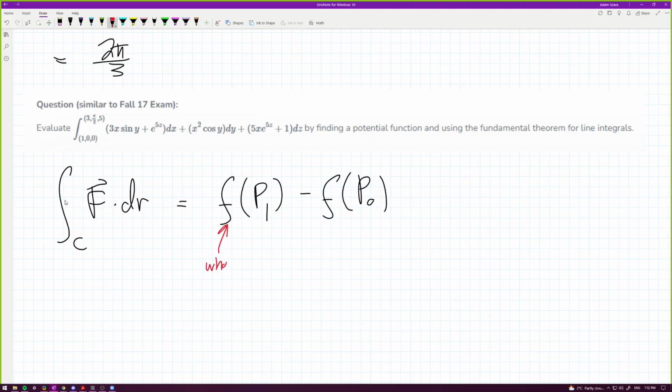What's this f? It's not equal to the vector field F. It's a scalar function.